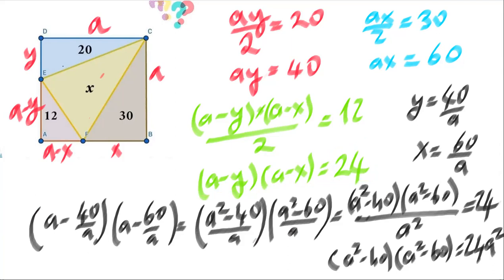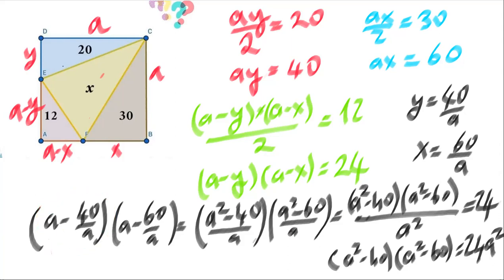Right now we have three unknowns, A, Y, X, but we already expressed Y and X in terms of A. So instead of Y, X, we just substitute these values and rewrite our equation. So right now, (A minus 40 over A) times (A minus 60 over A) equals 24, so let's simplify this.